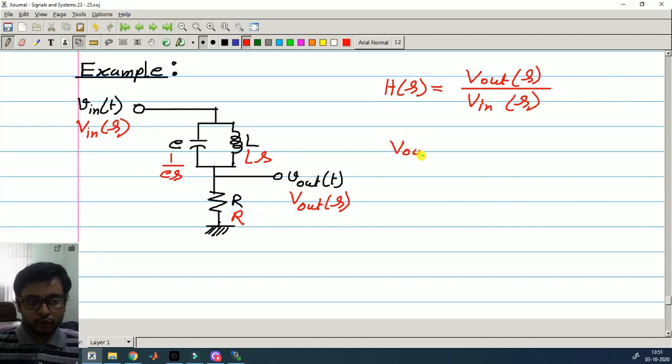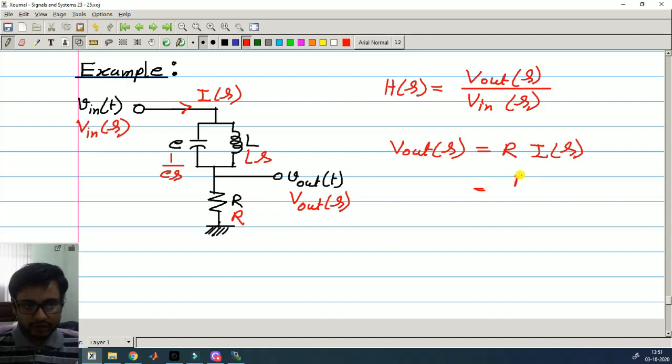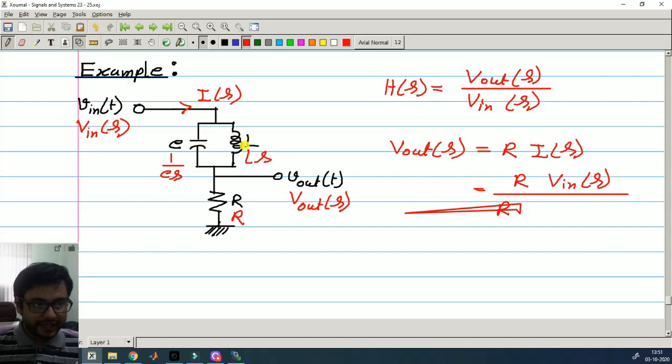Now V out(s), this voltage here, is equal to R multiplied with this current, call this I(s), so R I(s). Now this is equal to R times I(s), which is V in(s), this voltage, divided by the total impedance, that is R in series with L and C in parallel.